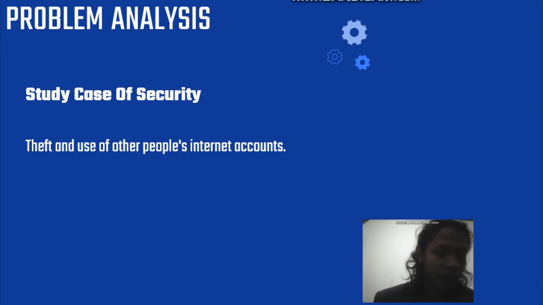In the case of security, theft uses other people's internet accounts. Account theft is different from physical theft because it is done by simply capturing the user ID and password. The purpose of the theft is only to steal information. The party that was stolen from will not feel the loss.